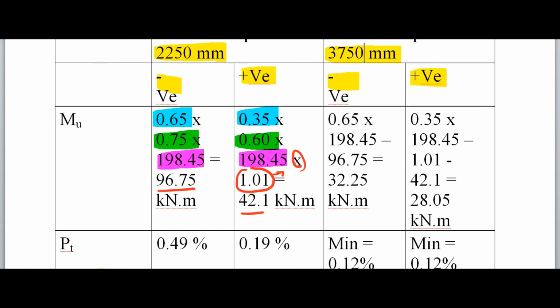Same thing for the middle strip. Here the moments are minus 96.75 here, 42.1 here, and 1.01 is the correction. So the values are 32.25 and 28.05 kilonewton meter, right?